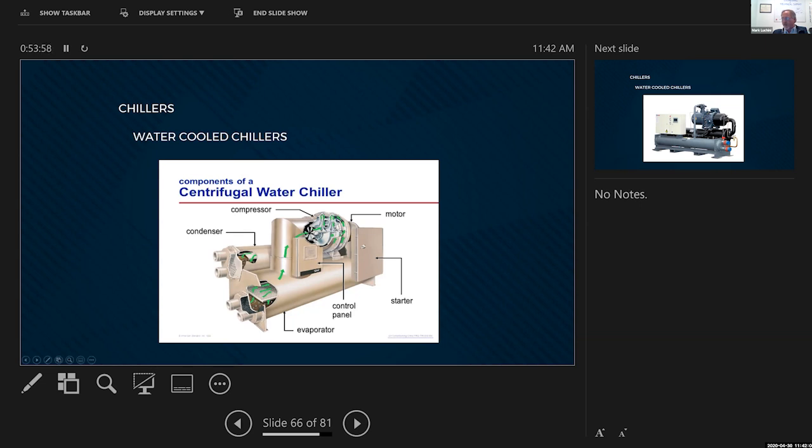But if the configuration of the compressor allows for them to overlap a little bit, you're just shortening up the width of the chiller by having those cylinders overlap vertically. So there's no engineering reason that they have to be different heights. I think it's typically more just to try to minimize the footprint.